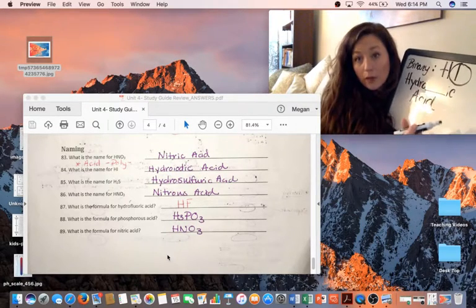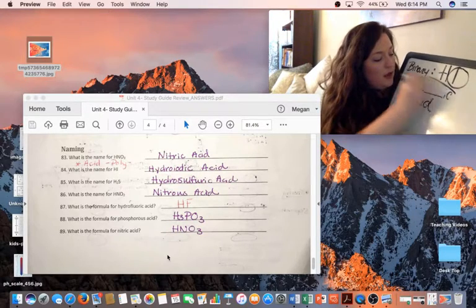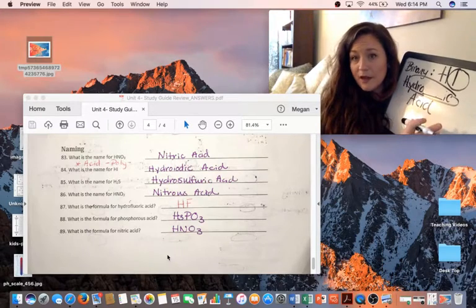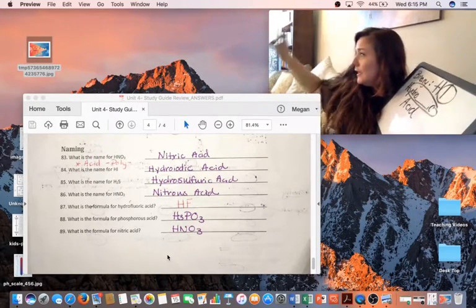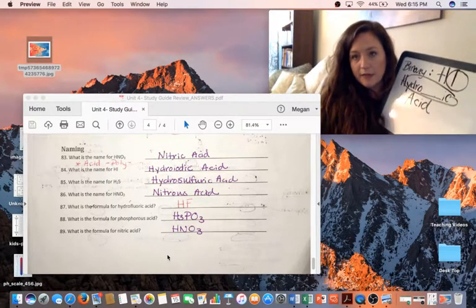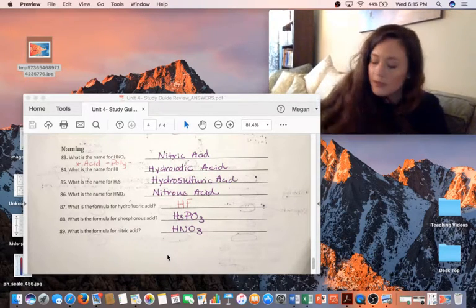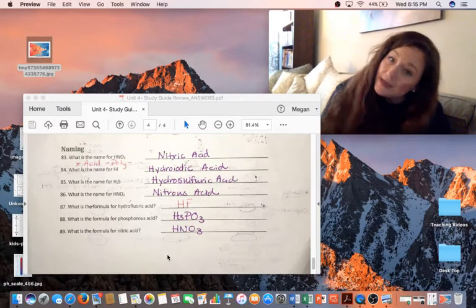Hint, hint, wink, wink, underline, because I saw a lot of this on the quizzes. Guys, this is one word. You are not spacing it out. It is not hydro, IOD, ic. It is all one word, one beautiful word together. And then acid.